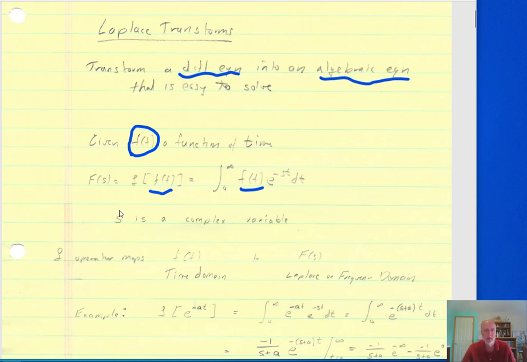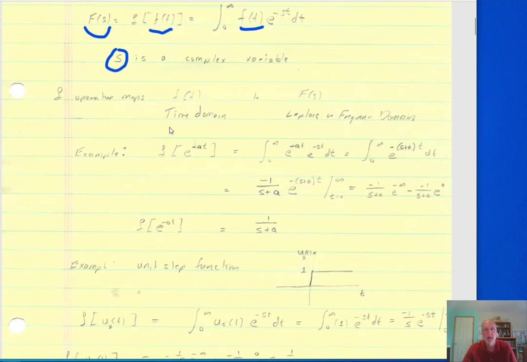And then you get a function of s, the Laplace variable, that can be real or complex. So time gets integrated out, s becomes the variable, and this maps a time domain function to a Laplace or frequency domain function.